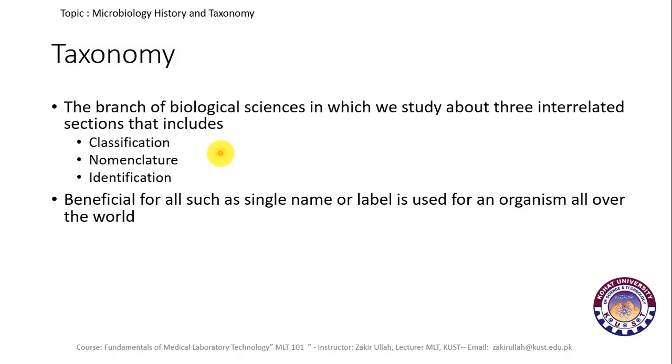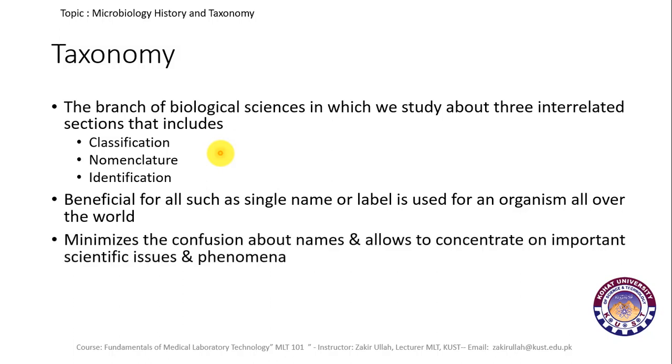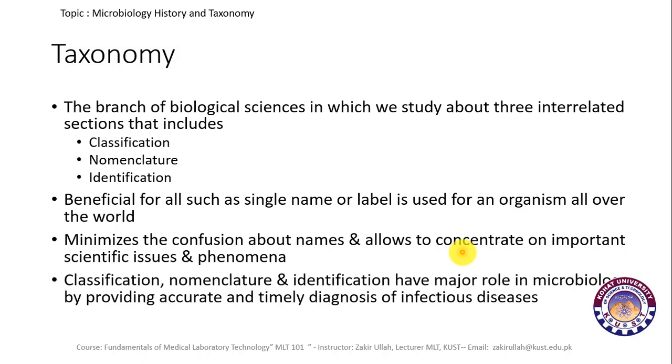Taxonomy provides a system that is beneficial for all, such as a single name or label used for organisms that is common throughout the world. This system minimizes the confusion caused by names in different areas, regions and labs, and allows us to concentrate on important scientific issues and the processes related to them.